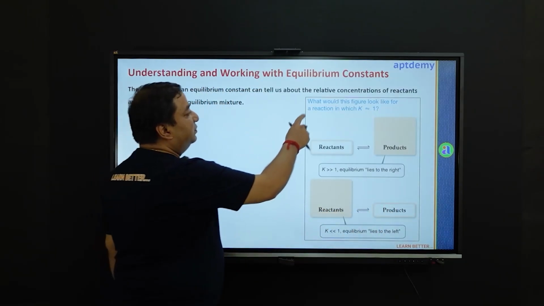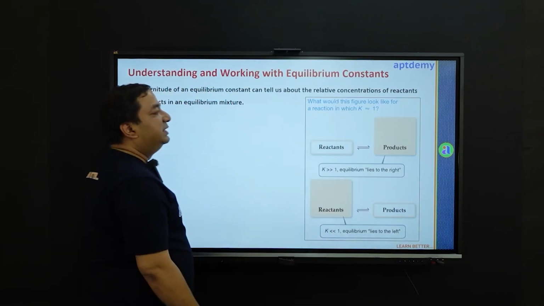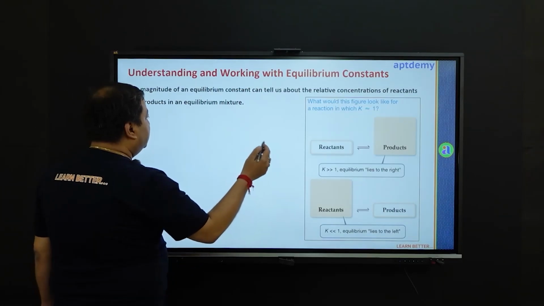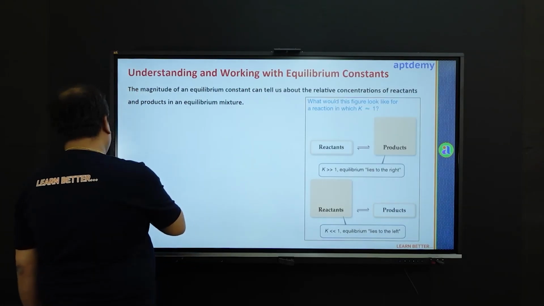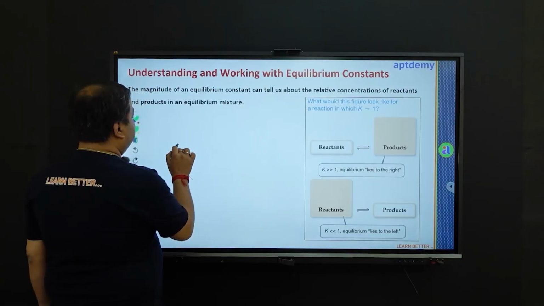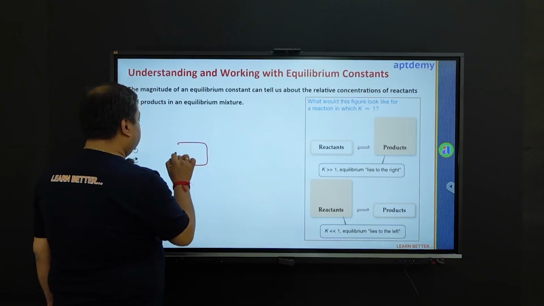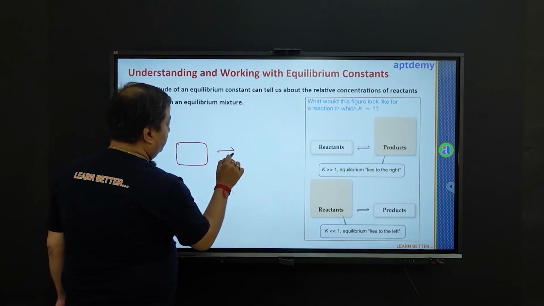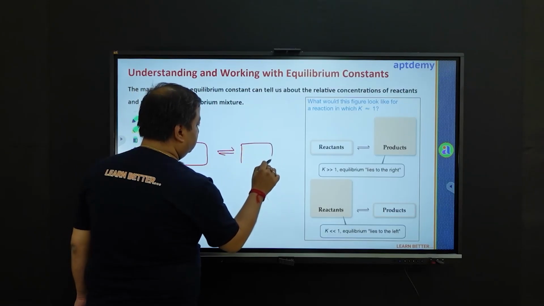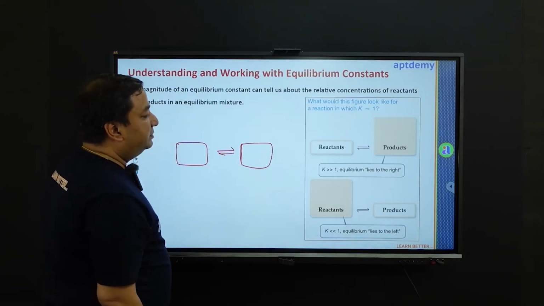So the question is, what would this figure look like for a reaction in which K is almost equal to 1? From that we can think that the boxes for the reactant and the box for the product are going to be very similar.